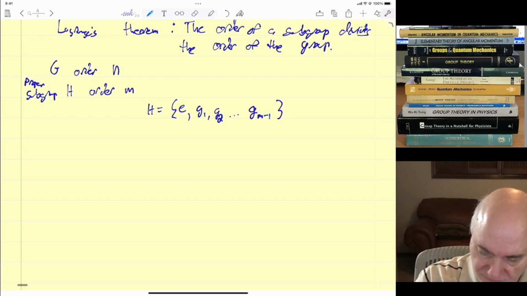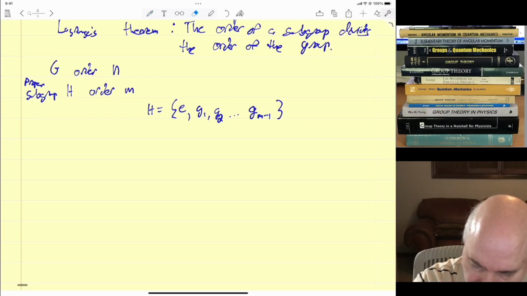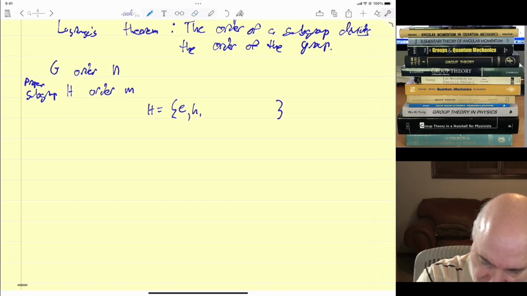So that means, since there's m elements here, there are elements in G that are not in H. So choose, you know what, I mislabeled that. Let's call this H1, H2, Hm minus 1.